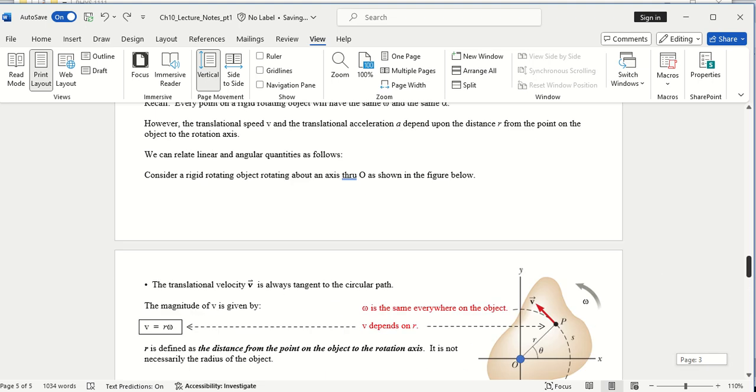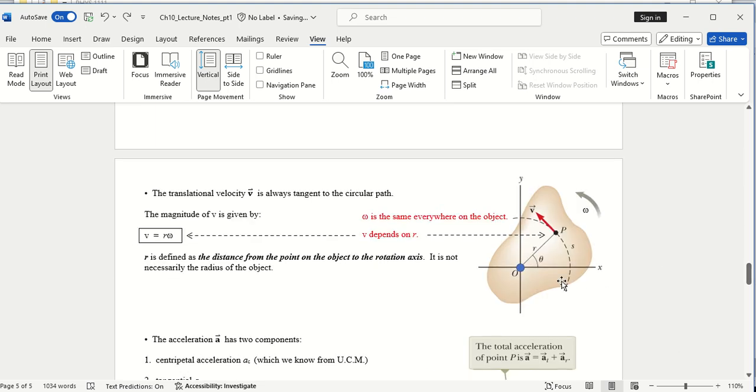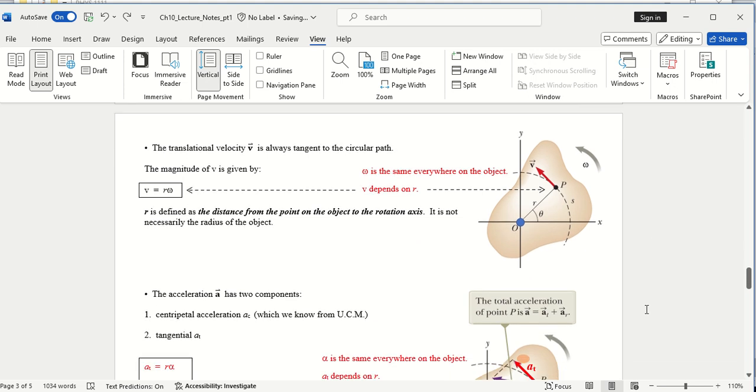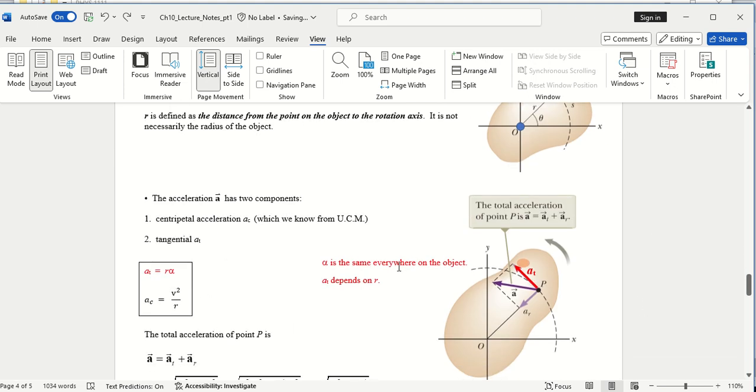The main thing is V is R omega. That's the tangential speed of the point on that rotating rigid object, and the tangential acceleration: V is R omega, AT is R times alpha.